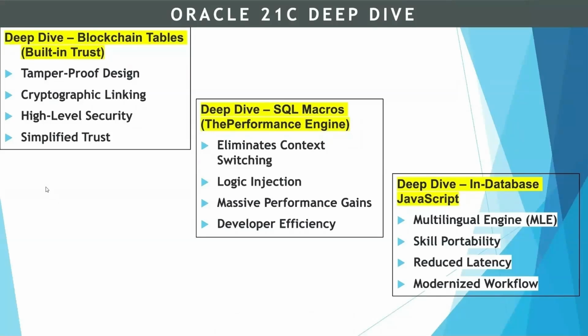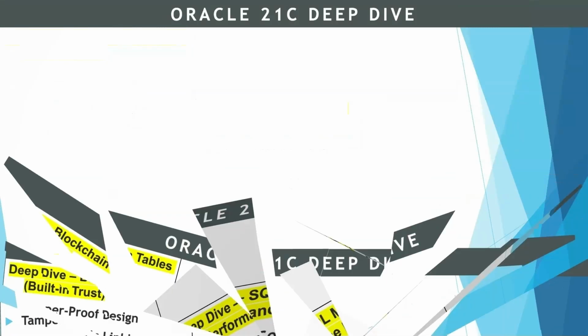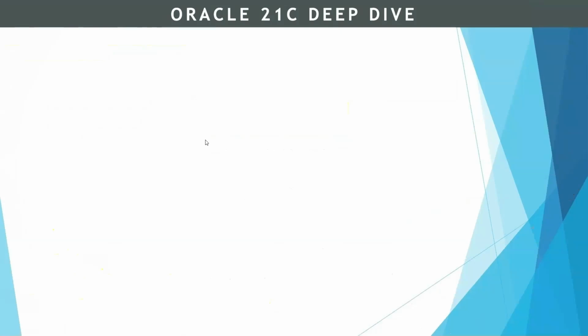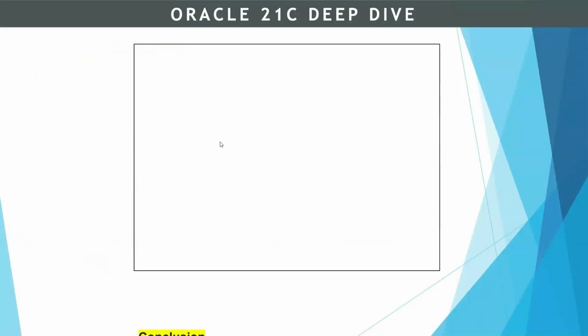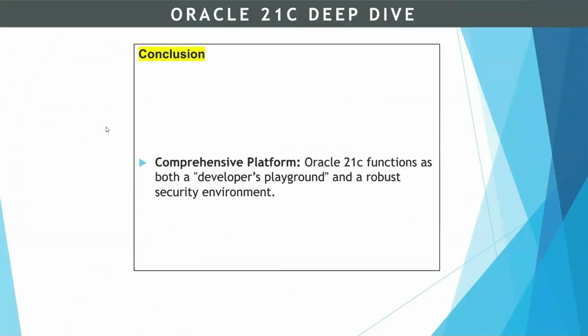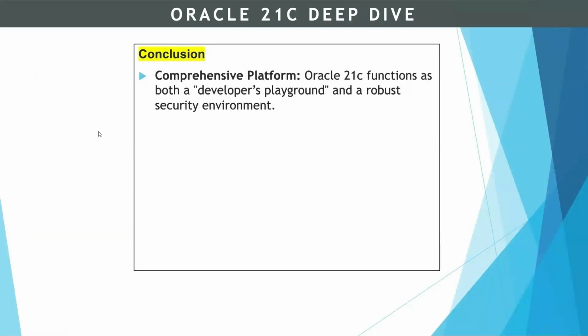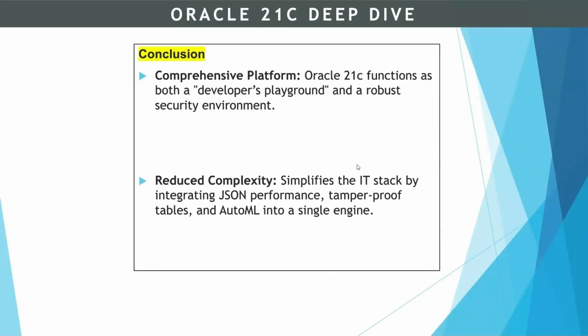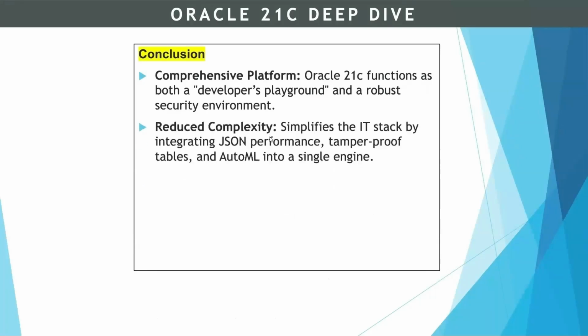Now moving on to the next slide. Conclusion: a comprehensive platform. Oracle 21c functions as both a developer's playground and a robust security environment. It reduces complexity and simplifies the IT stack by integrating JSON performance, tamper-proof tables, and AutoML into a single engine.